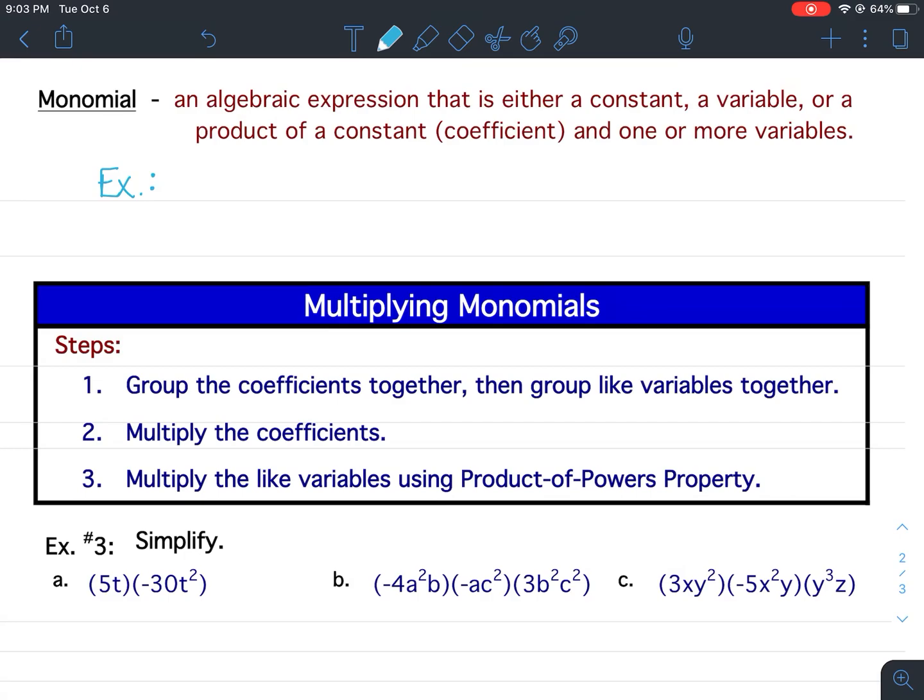So the first one might be 5a squared b cubed c. It's one example. Another example might be negative 20 w, x, y, z, and let's make z to the 100th power.